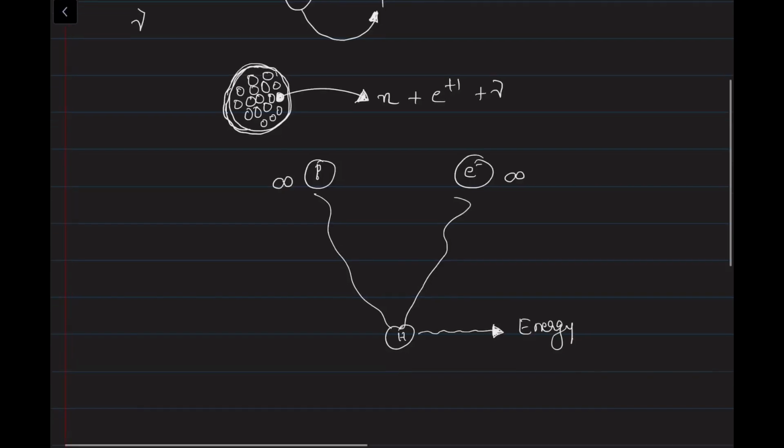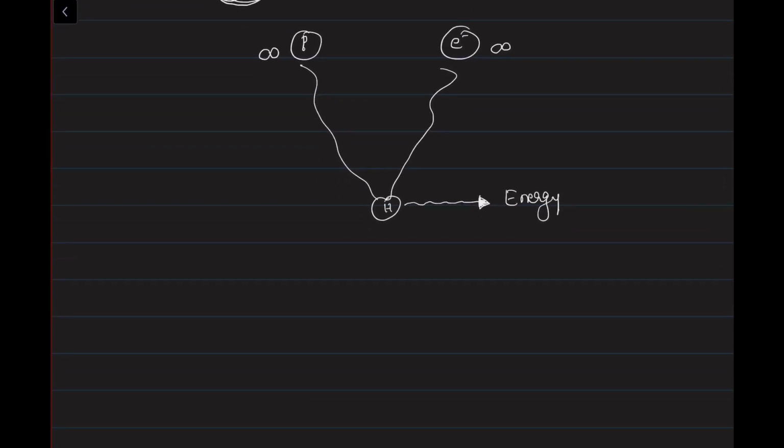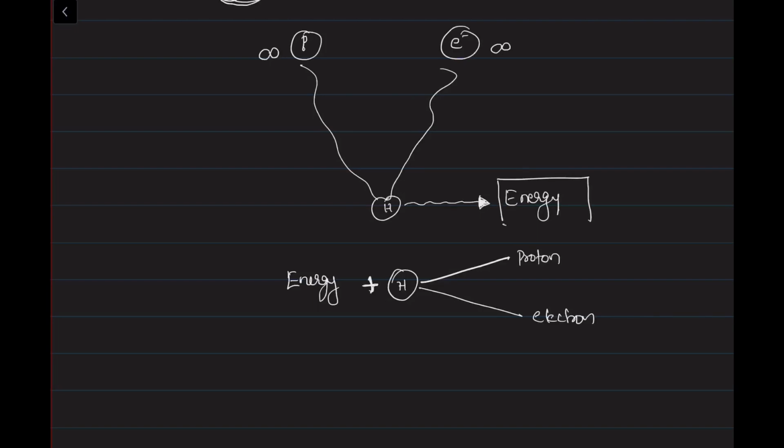Now, what will happen if you give some energy to a well-stable hydrogen atom in order to split it into a proton and an electron? How much energy is actually required for this process? The same amount of energy which is released in the fusion process. We call that energy the binding energy.